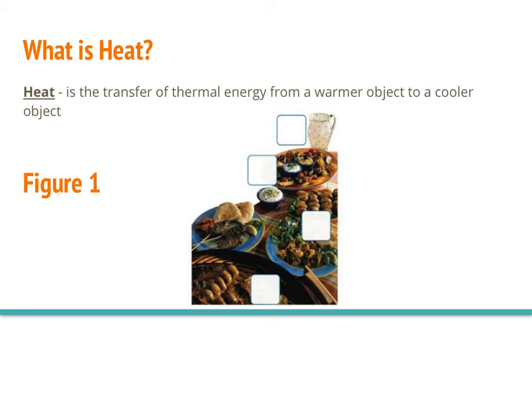Okay, what is heat? You might think that an object contains heat, but it doesn't. Objects contain thermal energy. Heat is the transfer of thermal energy from a warmer object to a cooler object. Heat is always measured in energy units, joules. Same as last chapter, joules.